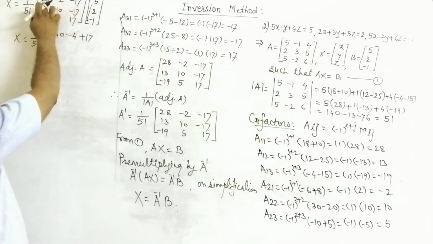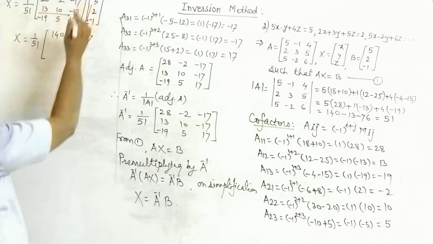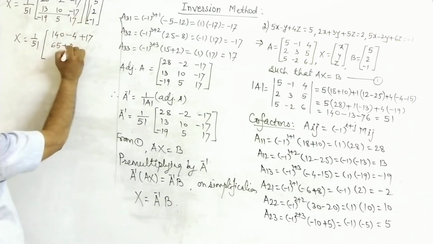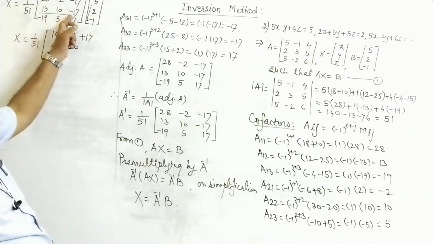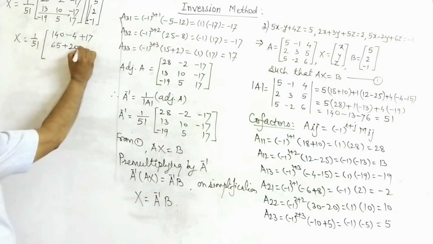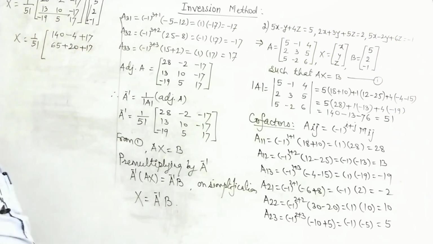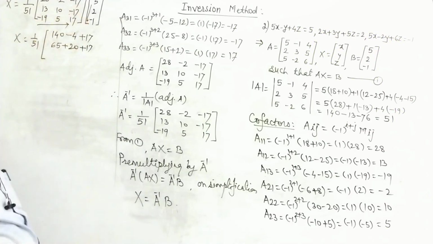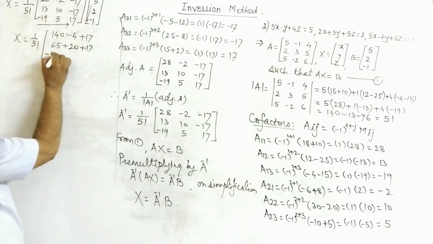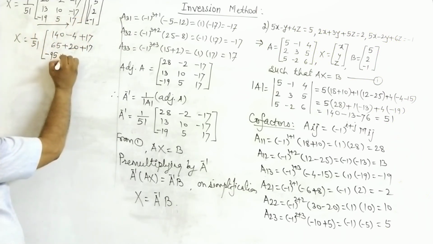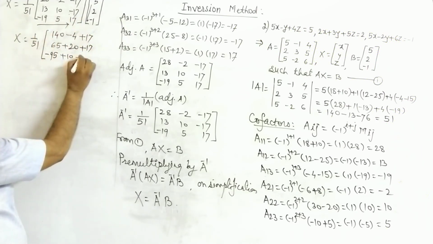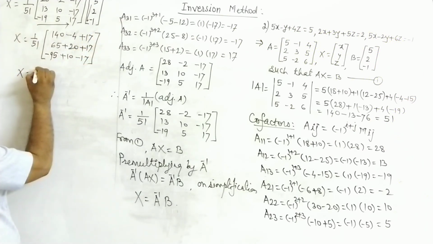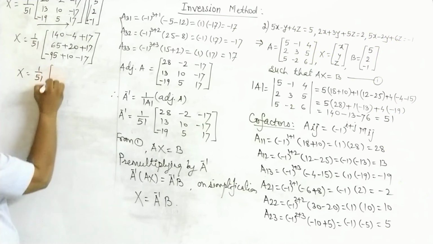Now take the second row and the same column: 13 5s are 65, 10 into 2, 20, and minus 17 into minus 1, plus 17. Now third row and the same column: minus 19 into 5, minus 95. 5 2s are 10, 17 into minus 1, minus 17.